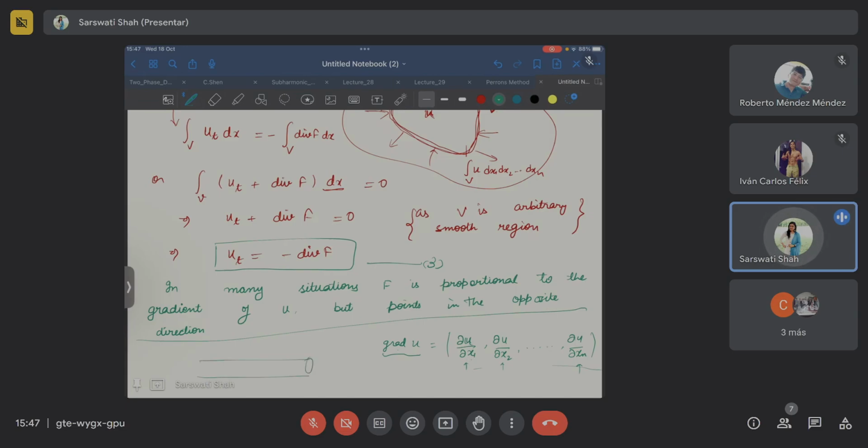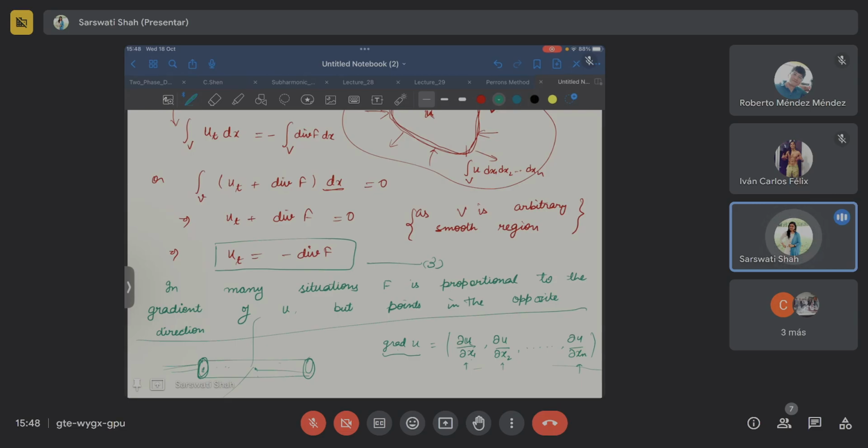Suppose you are taking a rod in one dimension, and the temperature of the rod at this point is less than the temperature at this point. In this case the temperature is increasing. Suppose the temperature is decreasing, like you are talking about a cooling function. You reduce the heat, now it will start to cool down, so the temperature of this rod is going to decrease in each direction, isn't it?